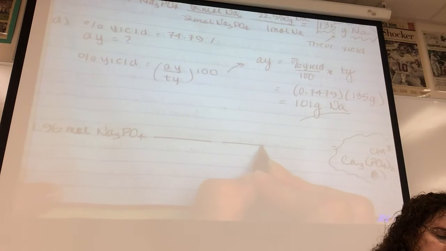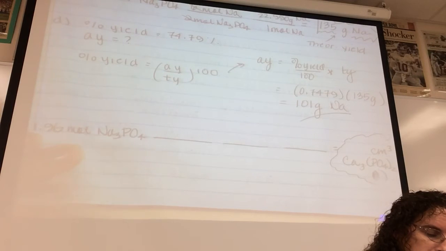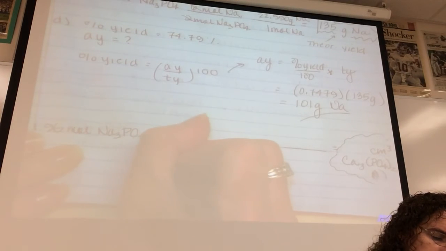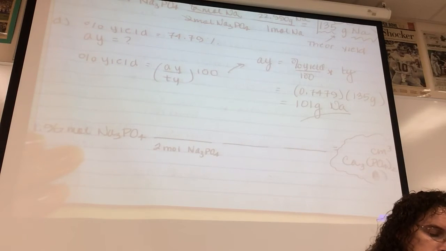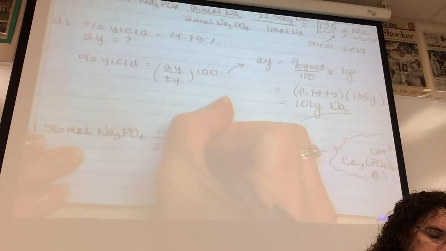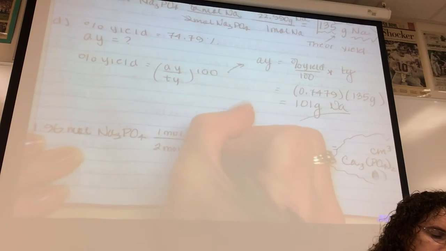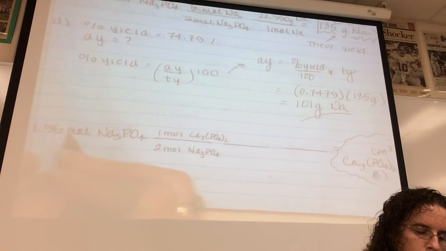And this is the same type of volume problem that we did a couple days ago. Whenever you're given moles, your first step is always going to be the mole ratio, which allows you to convert from one substance to another. Again, those numbers are coming from the coefficients in the balanced chemical equation.